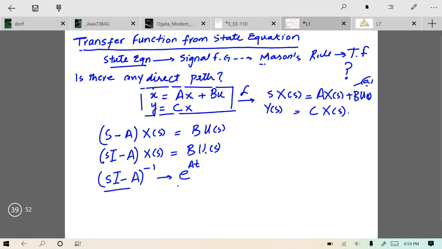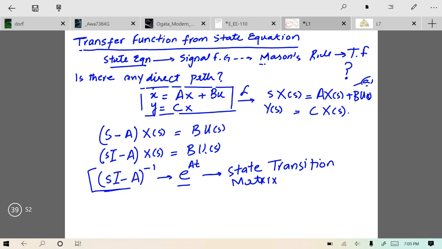This is the S domain, this is the time domain, and both denote the state transition matrix. If someone asks you what the state transition matrix is in the Laplace domain, you can say it is (sI minus A) inverse, and in the time domain it is e raised to the power At.